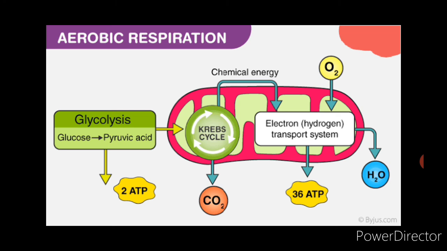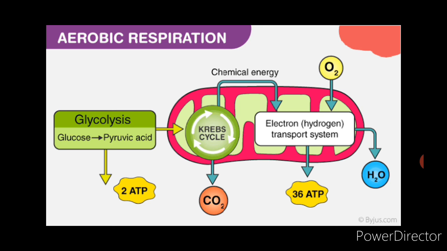These get oxidized to NAD plus and FAD plus, and since oxidation takes place, it releases energy in the form of electrons. And when these electrons move from one system to another, as we said about the photosystem, there are two photosystems, photosystem 1 and photosystem 2.